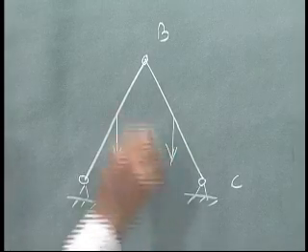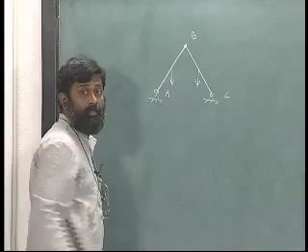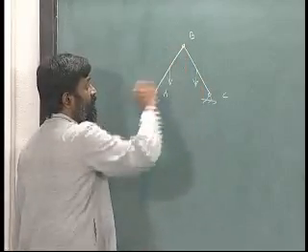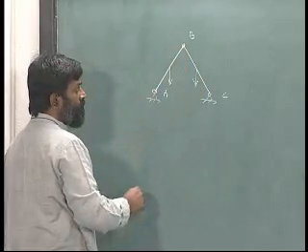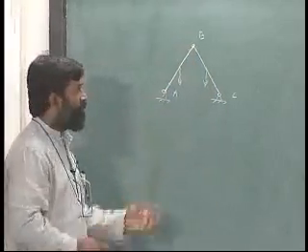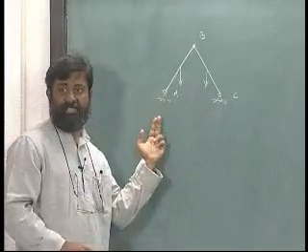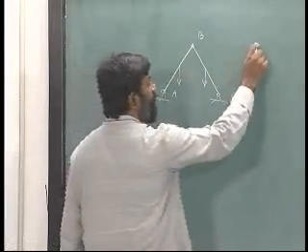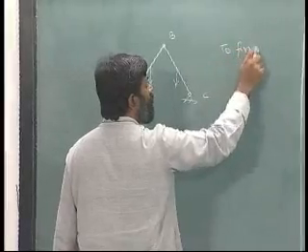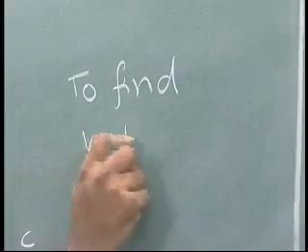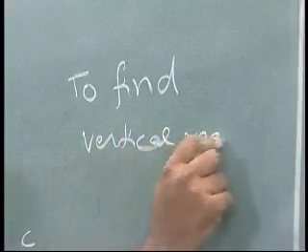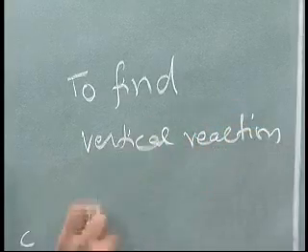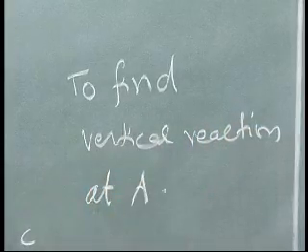The self weights were for homogeneous state members for this and this. The problem was to find out the vertical reaction at A. To find vertical reaction at A, that is the problem, am I right?